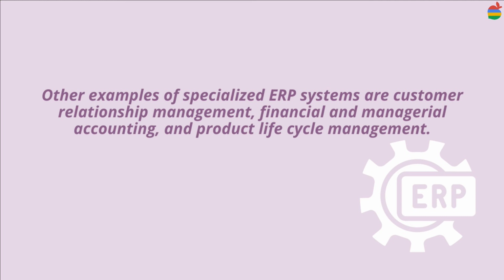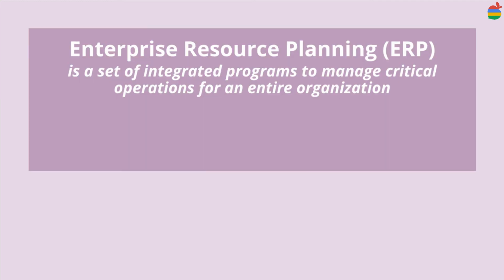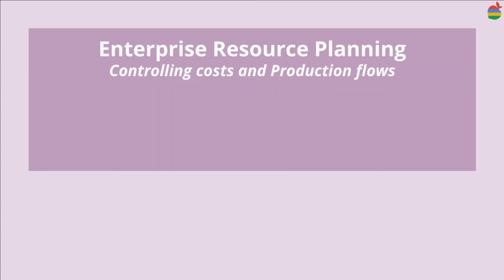So, what is the lesson summary for today? Enterprise resource planning is a set of integrated programs to manage the critical operations for an entire organization. ERP is a critical tool in controlling costs and product flow in a complex organization.